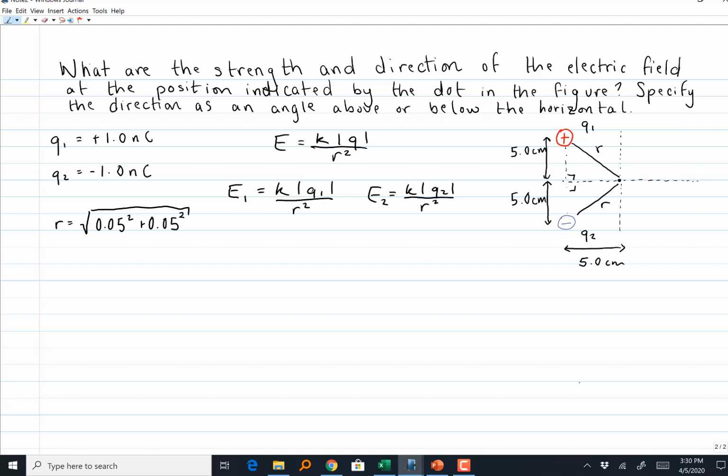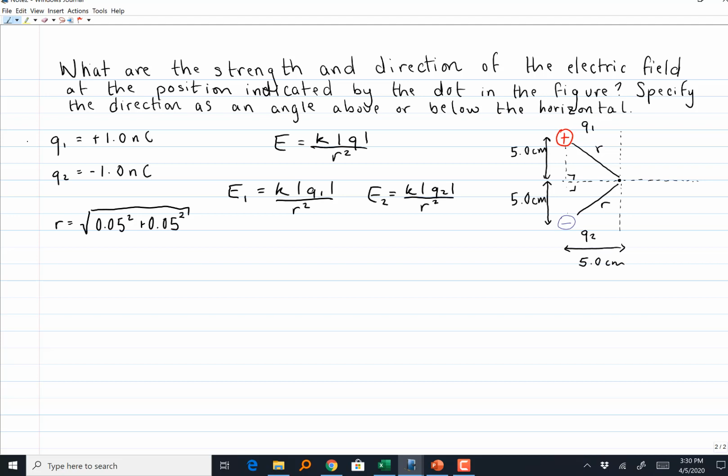These two r distances are the same. The absolute value of Q1 and Q2 are also the same, and so the magnitude of the electric field from Q1 and from Q2 are going to be the same size.